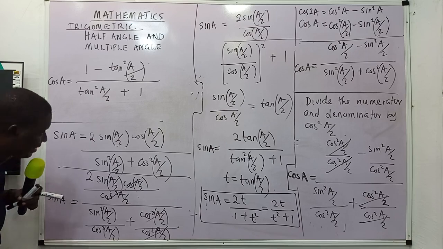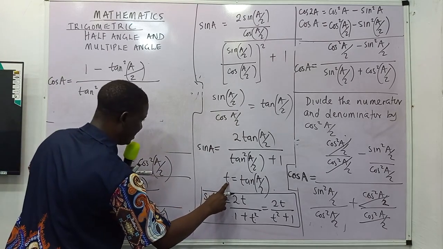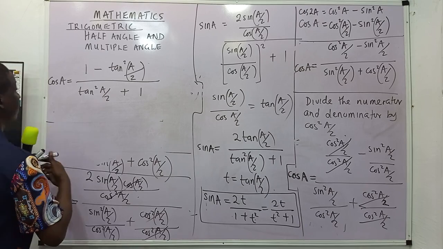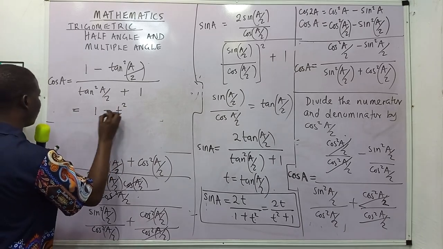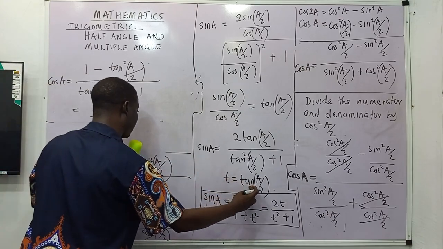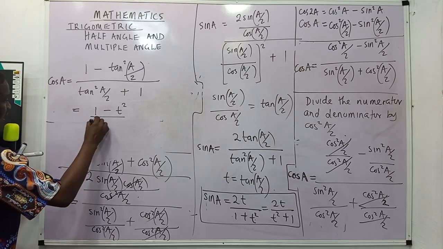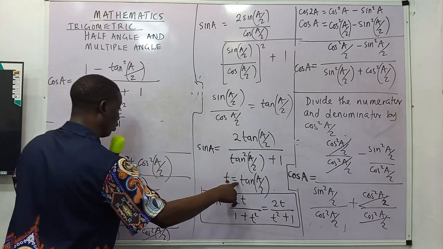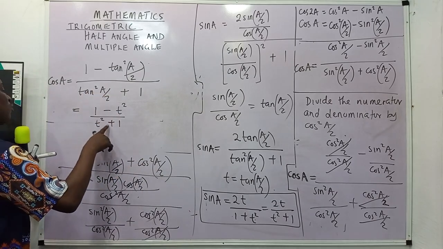Now class, remember that I told you let's replace with t to reduce the ambiguity of this equation. So we can call it 1 minus t square, where t is equal to tan A over 2. Now the denominator: if t equals tan A over 2, then tan square A over 2 is t square, plus 1.